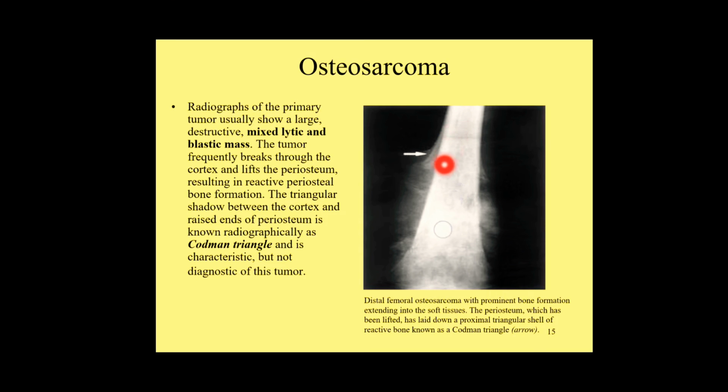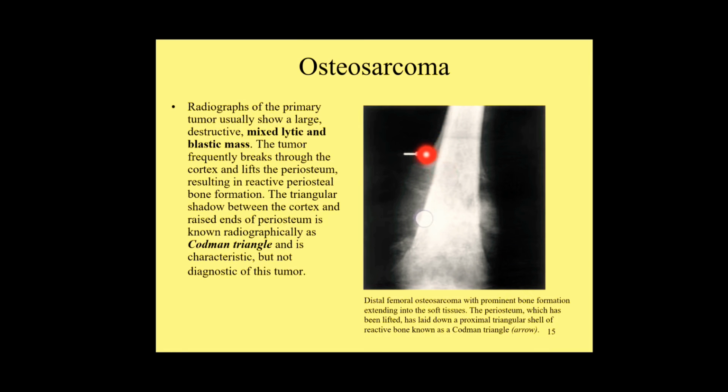So here what happens is there will be extension into the adjacent soft tissue. As the tumor extends into the soft tissue, it will lift the periosteum. This lifting of the periosteal surface, the margin of the cortex, will create an angle that is called Codman's triangle. So the triangular shadow, this is the triangle created.